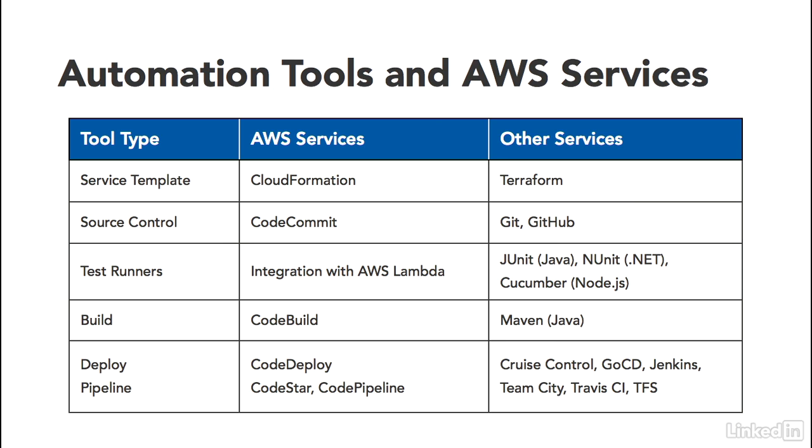The next section is test runners, and the ones that I've worked with depend on the language that my application's written in. So JUnit for Java, NUnit for .NET, Cucumber for Node. In the Amazon case, the new components, CodeCommit, CodeBuild, so on and so forth, have integration with AWS Lambda from a triggering standpoint, so they could then run test runner scripts.